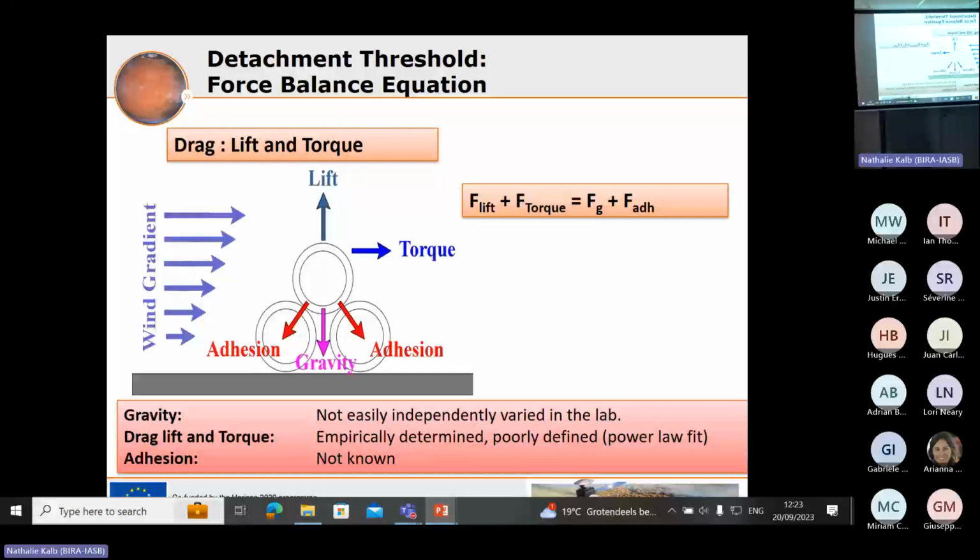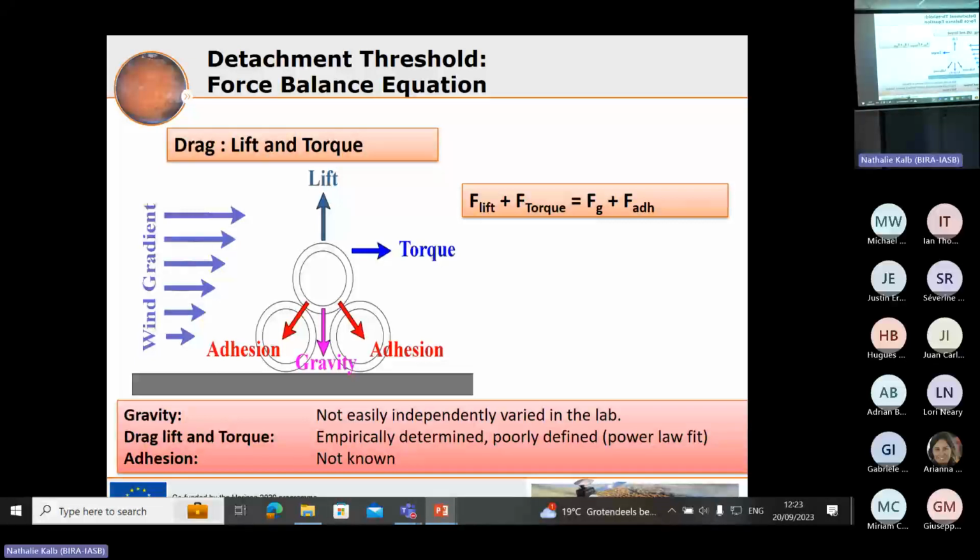This is normally called the detachment threshold or entrainment threshold, which means taking it off the surface, not just moving it. Or some people call it the saltation threshold, which is actually a whole other thing. But common to all of these is that you use a force balance equation to simply balance the forces generated by wind with gravity and adhesive or cohesive forces.